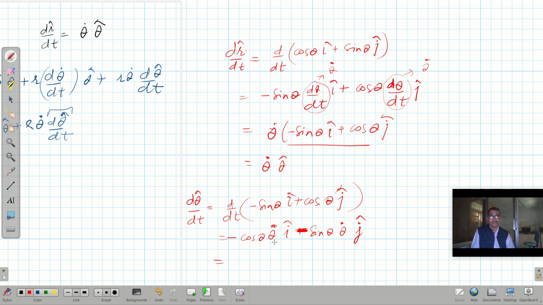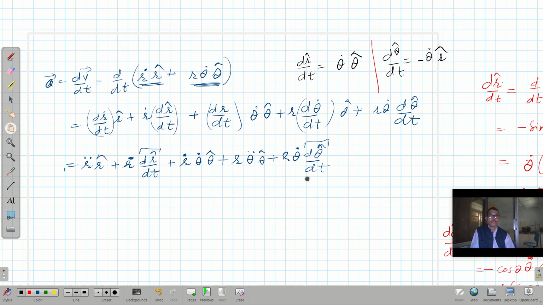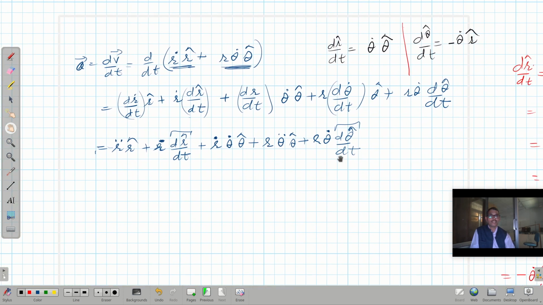Taking minus theta dot outside, inside it is cos theta i cap plus sin theta j cap, which is r cap. So d theta cap over dt is equal to minus theta dot r cap.